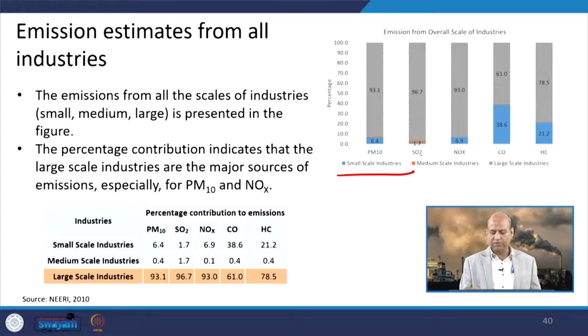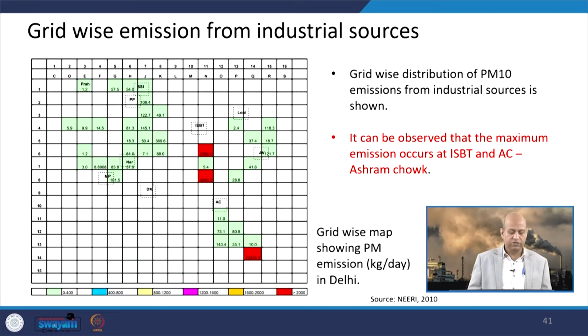Otherwise, for PM10, SO2 and NOx, the dominating source is the large scale industries. Again, you can see the percentage contribution of different industries for different pollutants. Large scale industries are responsible for a very high amount of all kinds of emissions, of course, but if you talk about CO, then small scale industries are also very much responsible.